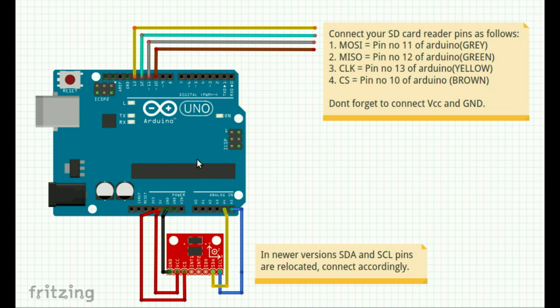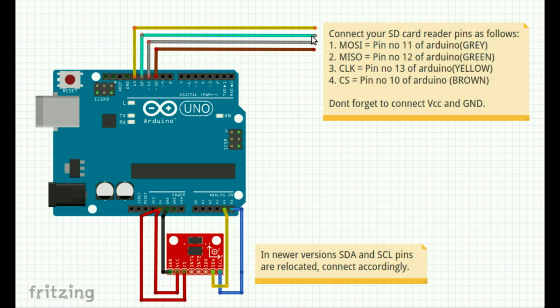For Mega and Nano, there are separate pins for I2C, but in Diecimila and Uno, analog pin 4 and analog pin 5 are used as I2C, so we'll be connecting it there. So SDA gets connected to A4 and SCL gets connected to A5. Then VCC gets connected to 5 volt, ground to ground, and chip select, the CS pin of our accelerometer ADXL345 board, will get connected to VCC. So that's the connection for our accelerometer breakout board.